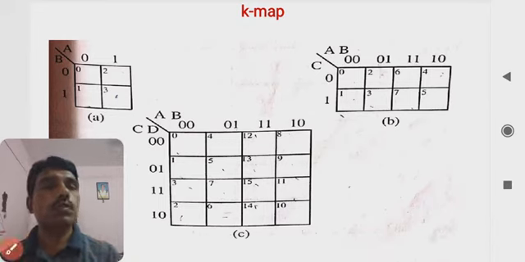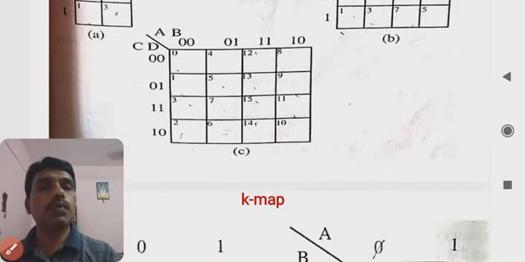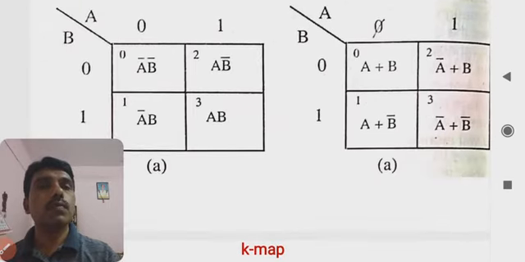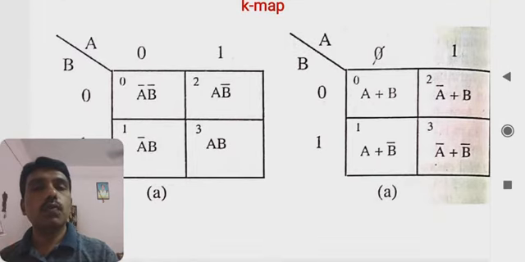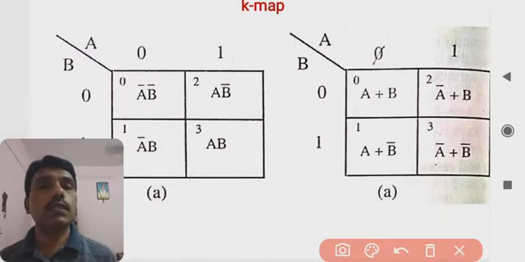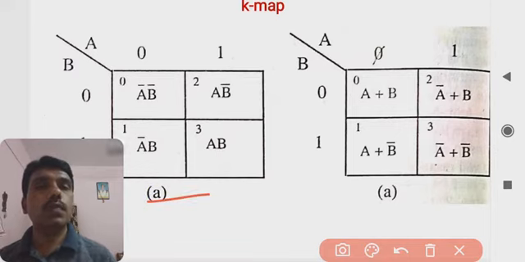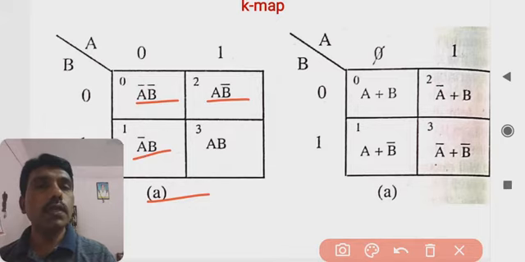So in both ways, either POS form or SOP form, we can use it. Here both K maps are given. If you look at the left hand side, that is for the SOP form, 0 is represented as A complement B complement, 1 is A complement B, 2 is A B complement, and 3 is AB.